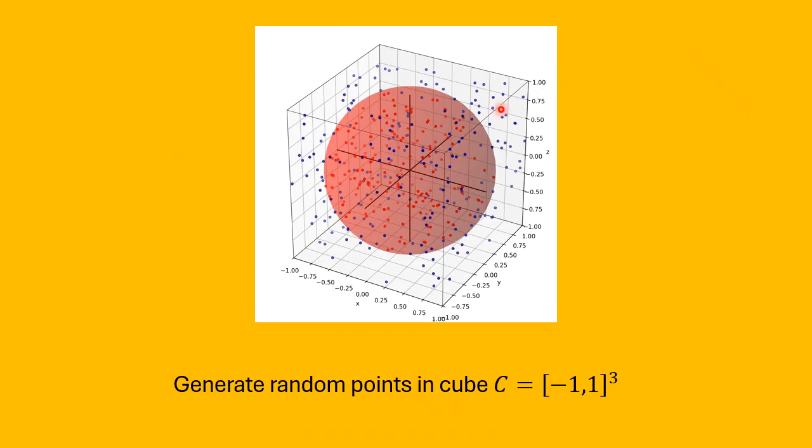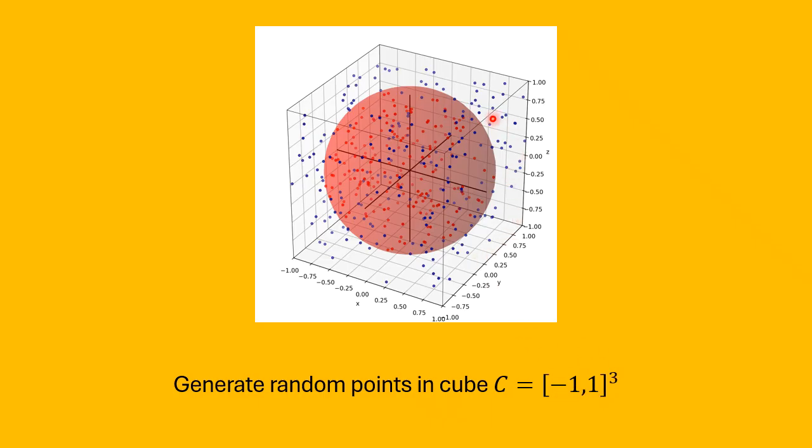Part of our plan is to generate random points in three-dimensional space that are inside that cube C, which is -1, 1, cross -1, 1, cross -1, 1, if you're looking at Cartesian products of sets. I'll simplify that to -1, 1 raised to the third power.